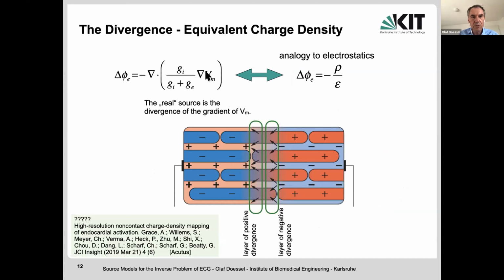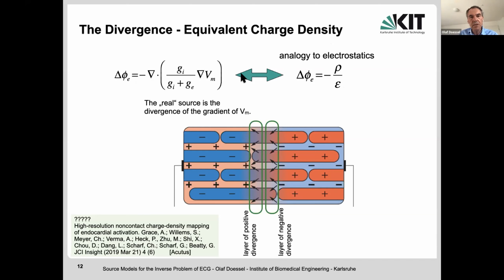Now, I can also go one step further. We have seen the transmembrane voltage. We have seen the gradient of the transmembrane voltage or the impressed currents. And now I take the divergence of all this, and I go to the case of scalar conductivities. And I see here is the Laplace, and here is the source term. And if you compare this with what you have learned in electrostatics, then you have the Laplace equation or the Poisson equation, where on this side are the sources, and these are in this situation the charge densities.